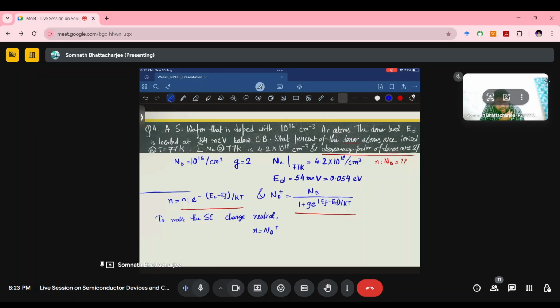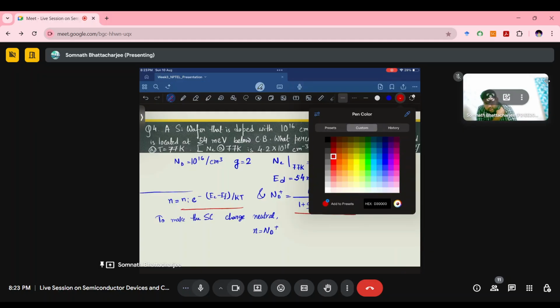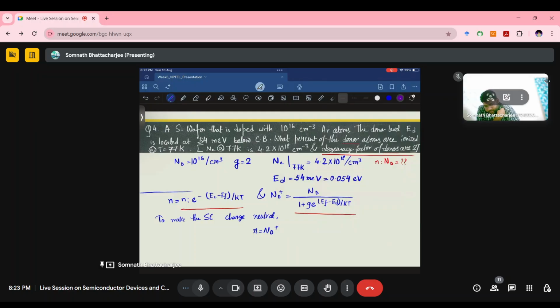You have the value of ED, right? And you have the value of EC as well. So you have to substitute some kind of value here. Maybe I'll just simplify this. Just a second. So let's simplify this one as well.